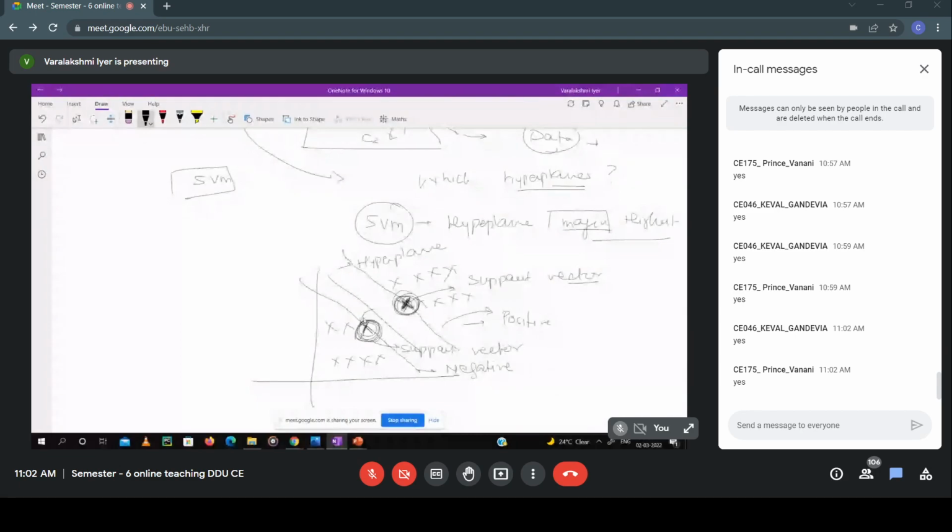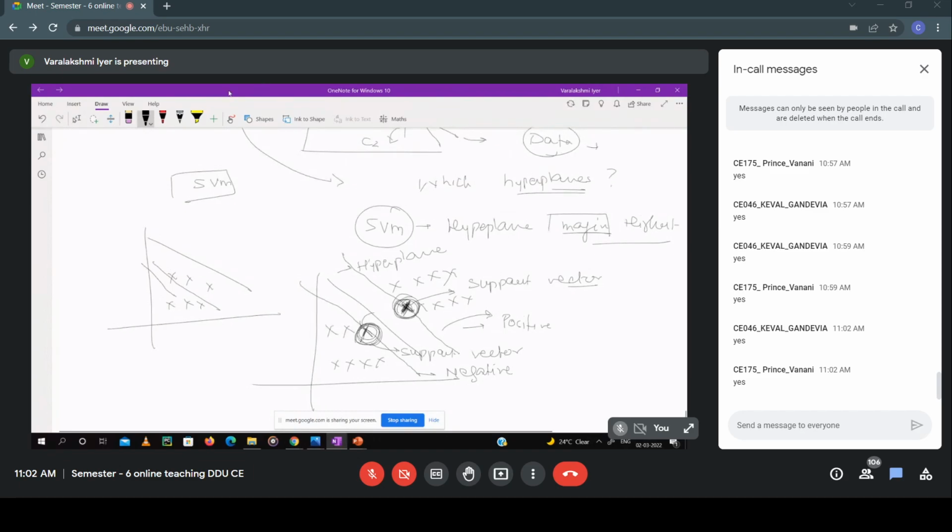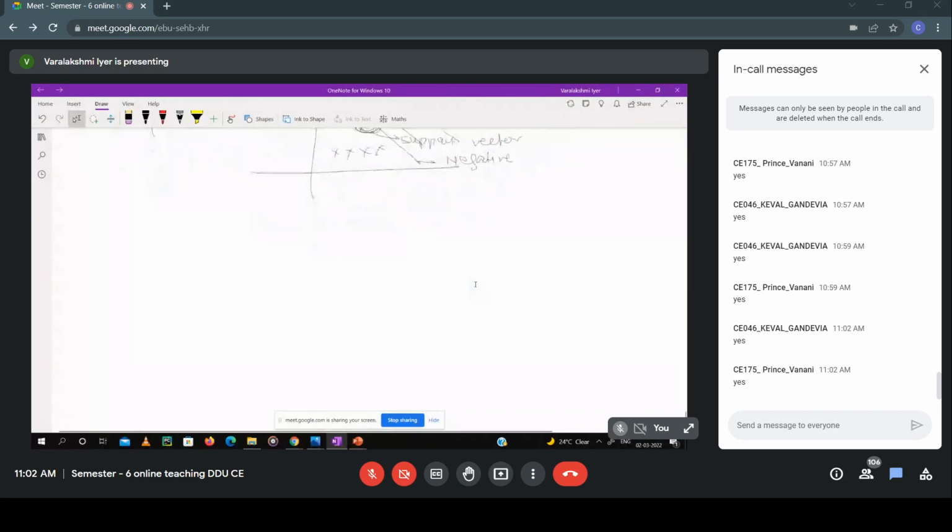So if your data set is something like this, and there is a hyperplane which will be passing through the nearest data points. So that is a hyperplane, and these are the data points that you have.